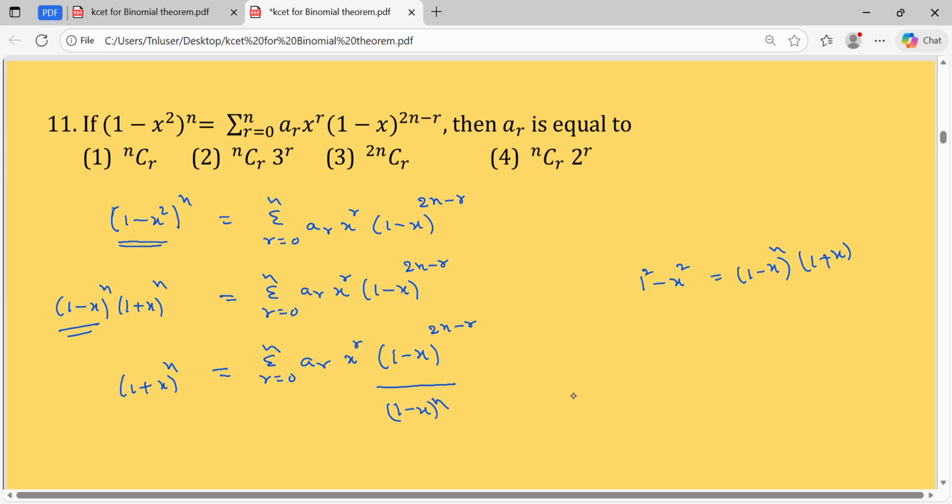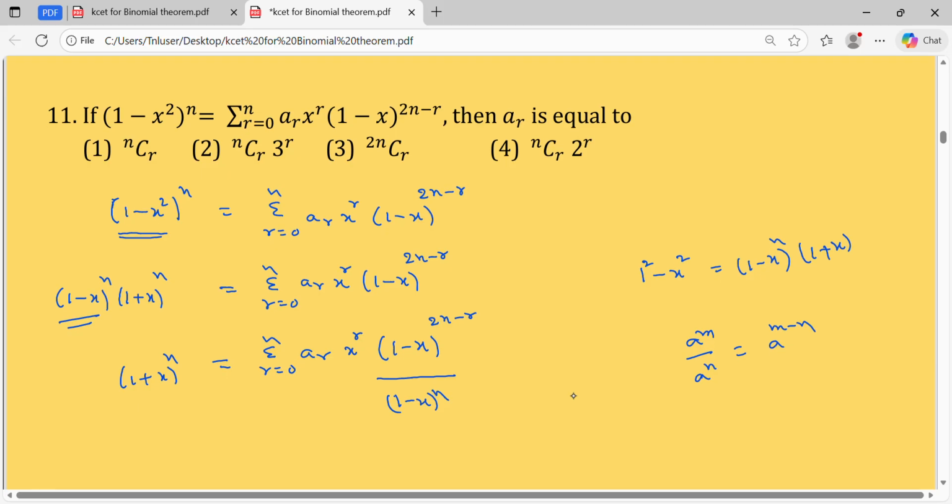Now again use a power m by a power n can be written as a power m minus n. Here also the bases are equal, so use that formula.